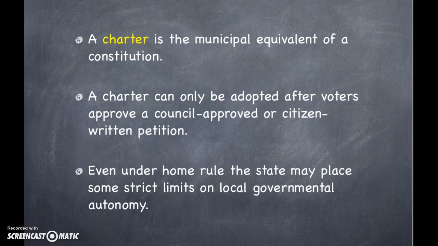use incentives beyond that available to general law cities, which are cities that states don't allow home rule. So you're basically a general law city. So use incentives beyond that available to general law cities to attract business and responsible development and economic growth.